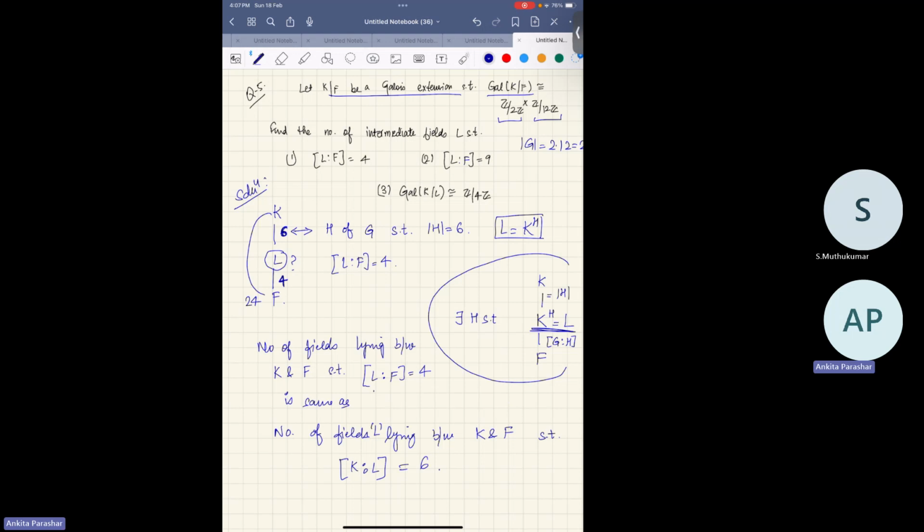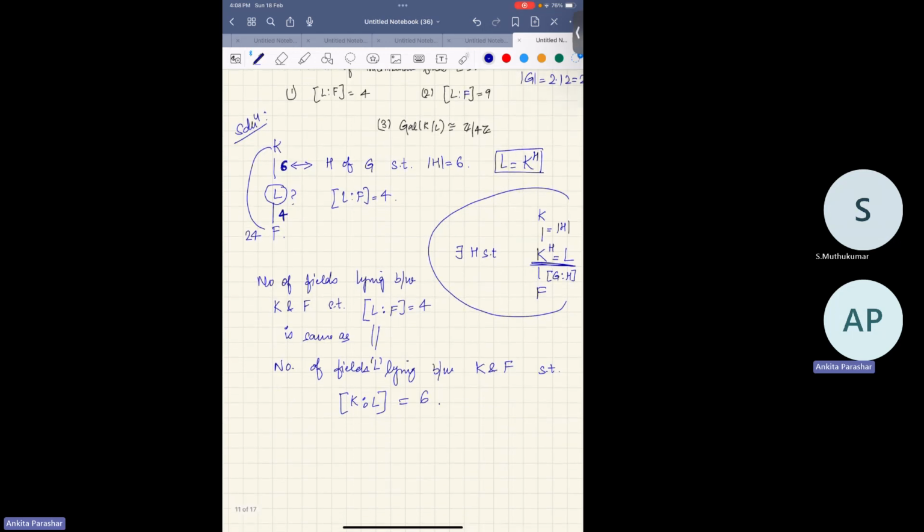This is equal, right? Once you have one degree fixed below, the above degree is fixed. So either the knowledge of the above extension or the lower extension is enough to know L. Either you see the above extension or the below extension, the things will remain the same. Now we just want to know subgroups of order 6.